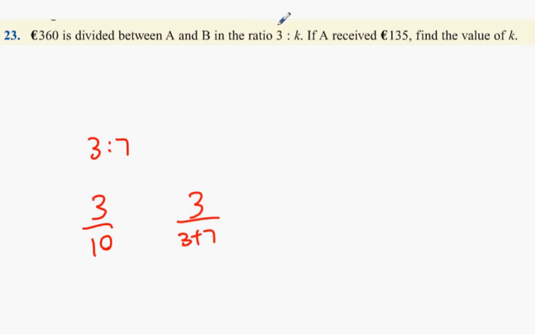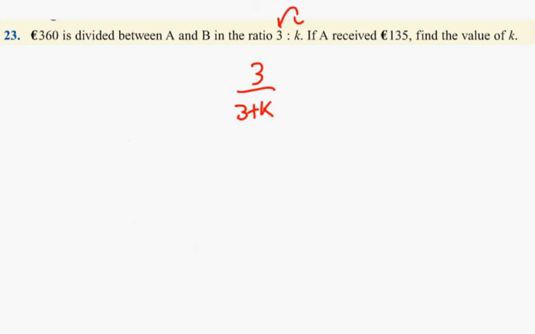What I suggest is you do the same thing here. This fraction is 3 divided by 3 plus K, because you can't add them together, but you would if you could. Now, this fraction equals how much money? It equals 135 out of 360.